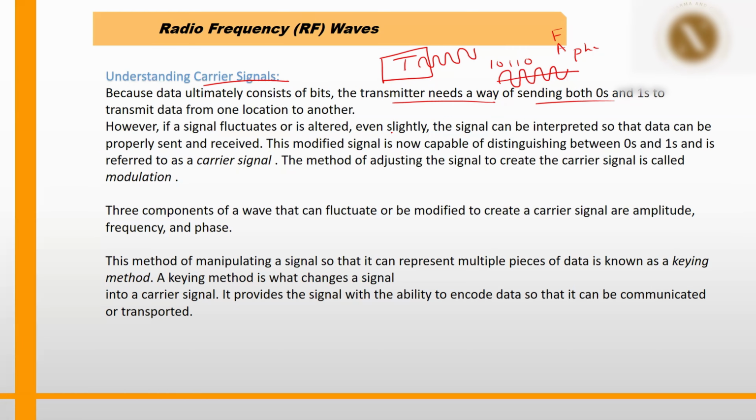If a signal fluctuates or is altered even slightly, the signal can be wrongly interpreted. Suppose you are sending a signal from point A to point B in the atmosphere.